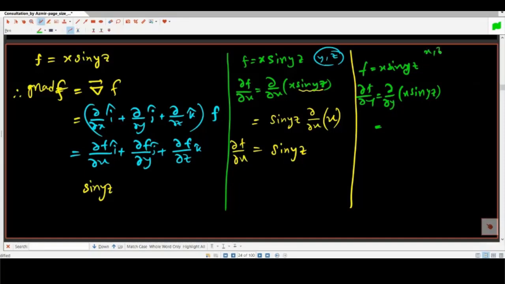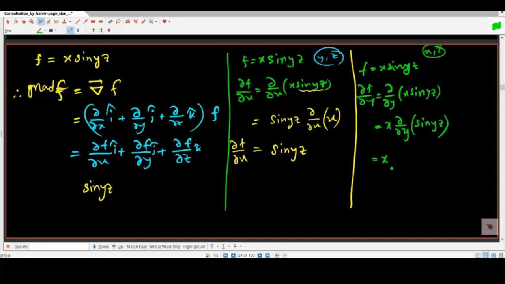So remember, x and z are constants. So x can be pulled out, but y and z are associated, so that's why we can't bring z before. So here we need to be very careful. We have ∂/∂y of sine yz.